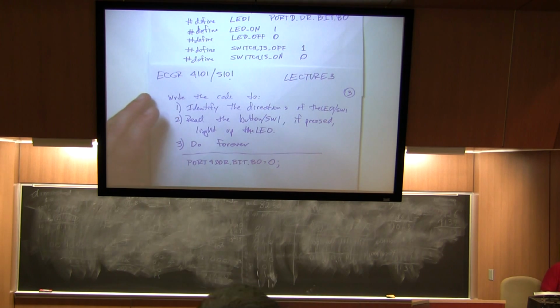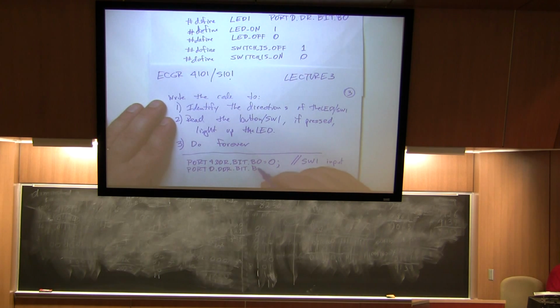Zero means input, correct? Zero is the LED. Yeah, that would be output. Ooh, I'm going to put comments on here. Pretty good, huh? You like comments? The answer is yes, you really like comments.